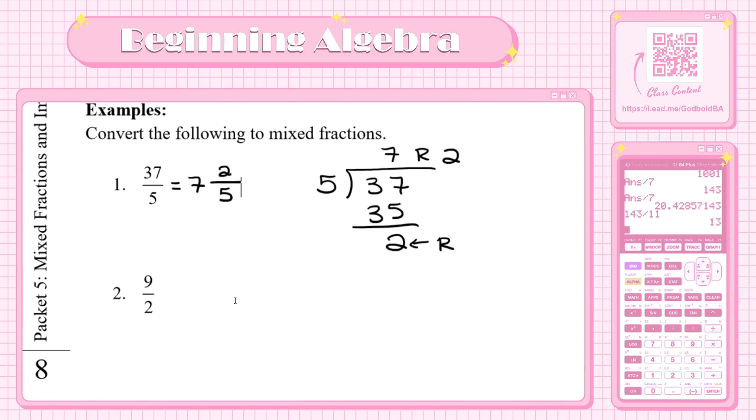Okay, let's try it again. So I'm going to do 2 into 9. 2 goes into 9 4 times, because 2 times 4 is 8. So when I perform that subtraction, I get 1. So this is my remainder, R1. So this is equal to, this part, remember, is the whole part.